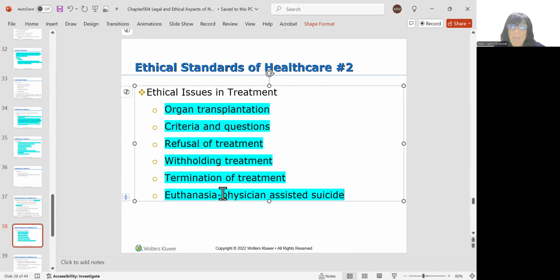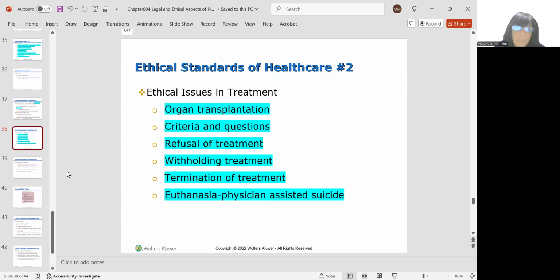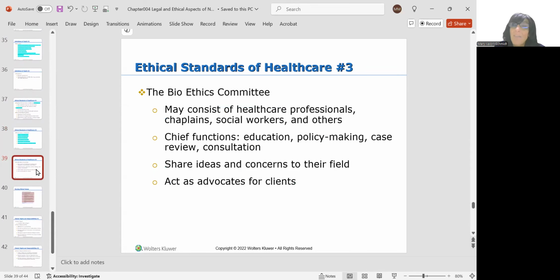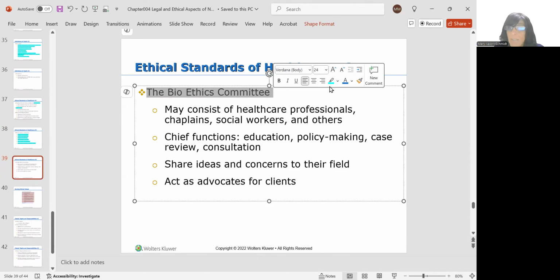I don't know if you knew that. If someone has terminal cancer and they decide that they don't want to continue with treatment, that is their right. But sometimes it brings up an ethical dilemma. Again, this requires a very lengthy conversation. All facilities, well, hospitals definitely, have what's called a bioethics committee.